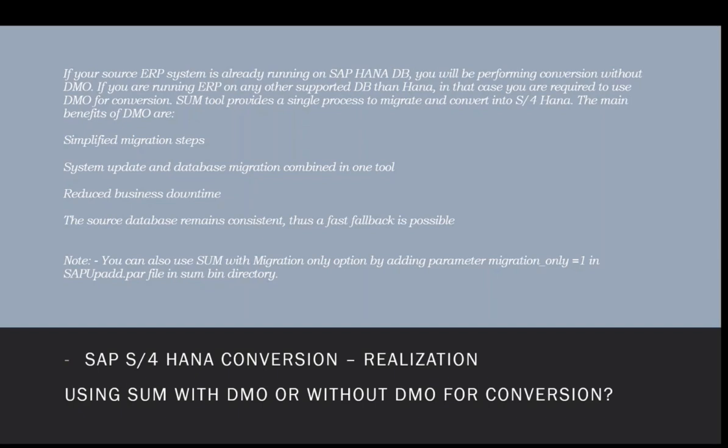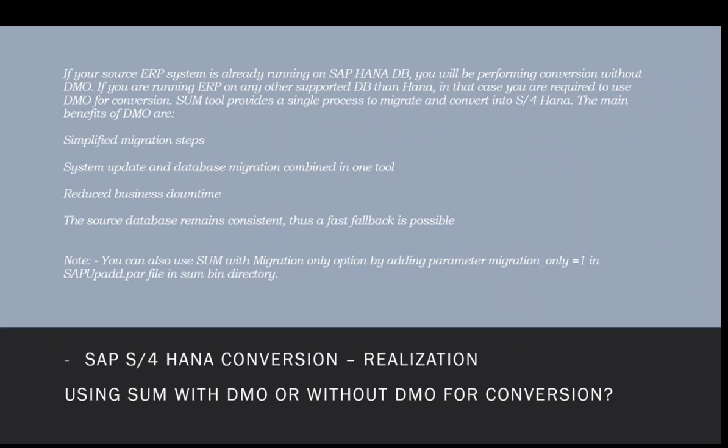Downtime is basically everything for any customer. Just imagine that the customer is running his production system, and you are going to perform an activity on the production server, and due to that activity, his system is going down.